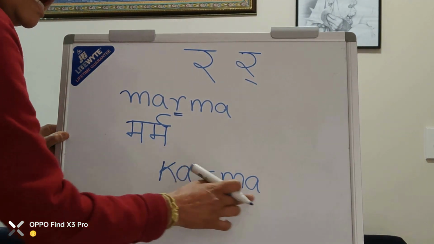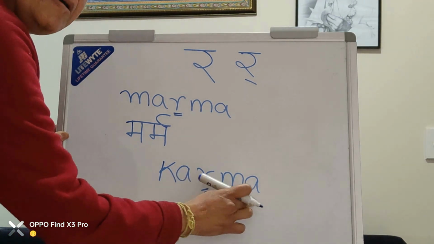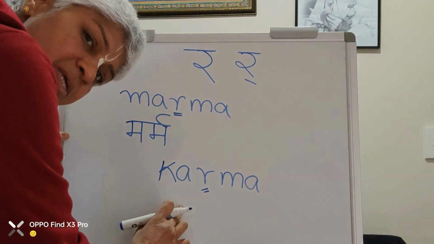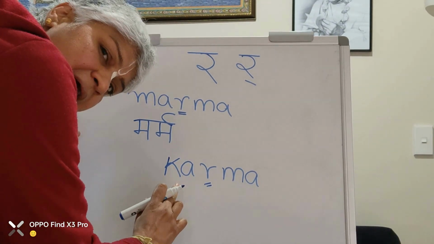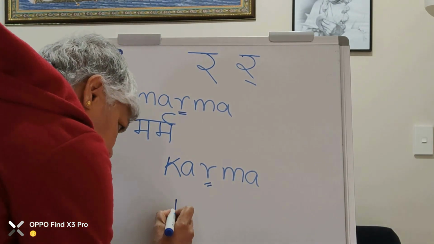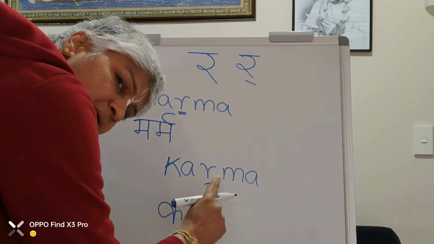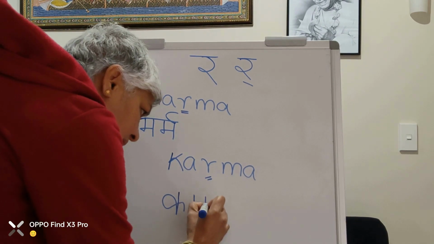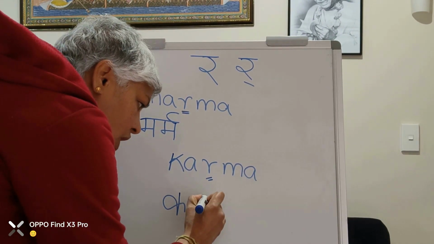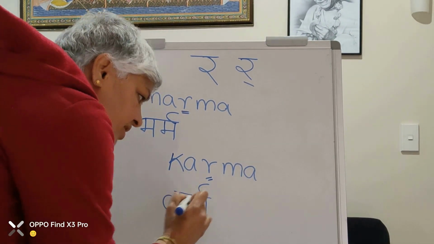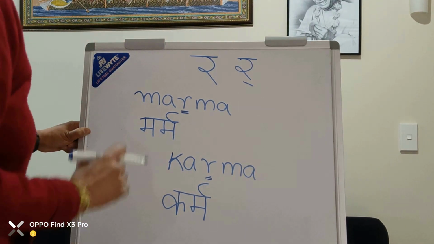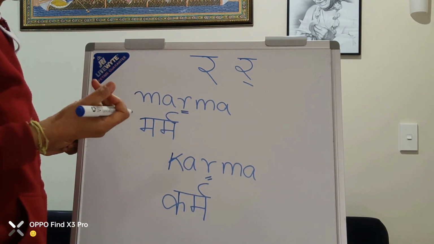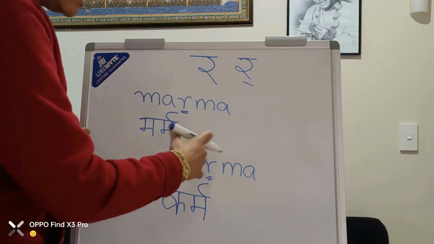So, karma. Ka-ma. We're going to write ka, and then we're going to write ma, and then we put the hook on the top. Very good. Karma. Can you think of another word that has r in the middle?